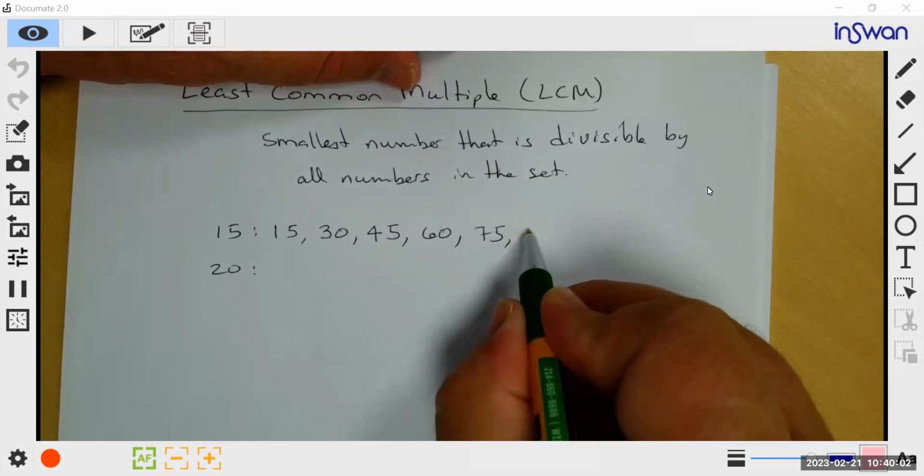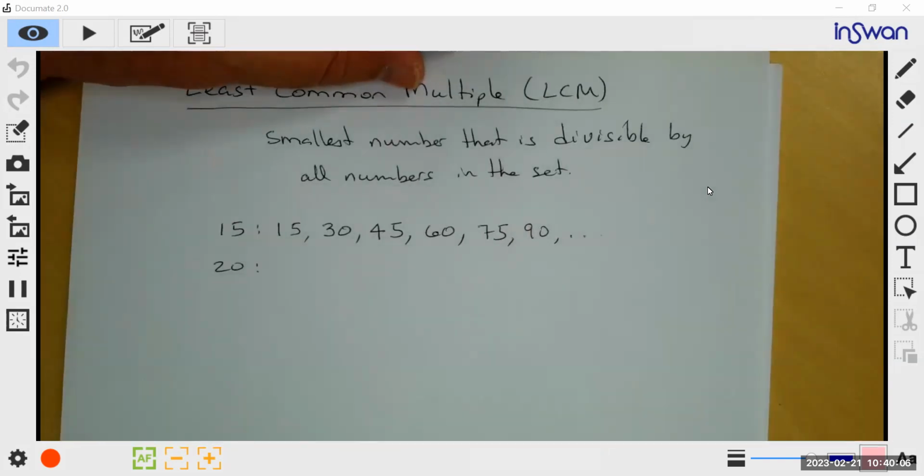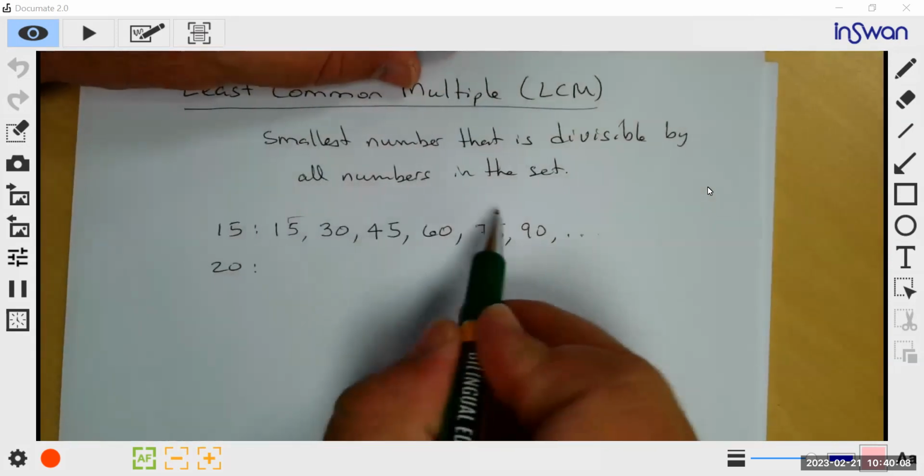One more, 15 times 6. And keep on going that way. Pretty much at each step, we just add 15.